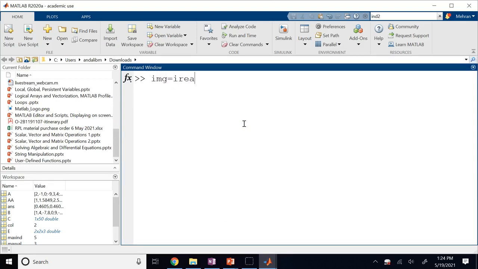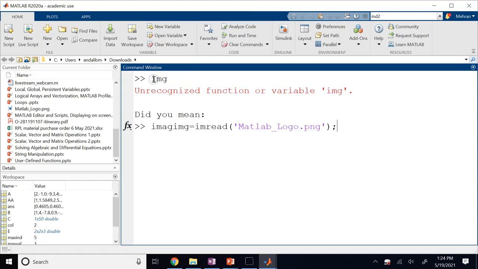And remember, I told you I am read, and I am showing the path here. I am read, and it is called Matlab underscore logo dot png. I read it into this variable img.